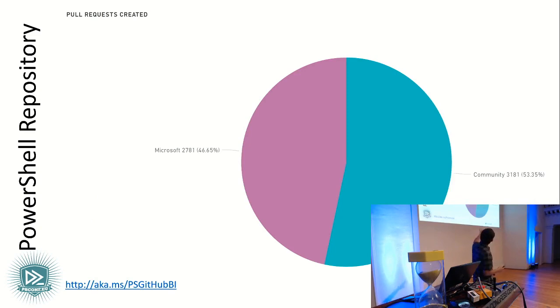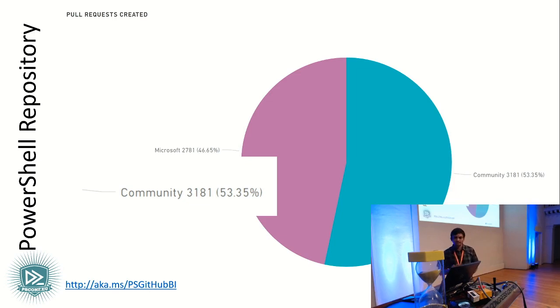This is the number of pull requests that have gone into the PowerShell repo, the open source PowerShell repository. And if you see this, the community is at approximately 53.35%. That's huge. The contributions that the community has been adding into the PowerShell engine and the PowerShell features is huge.